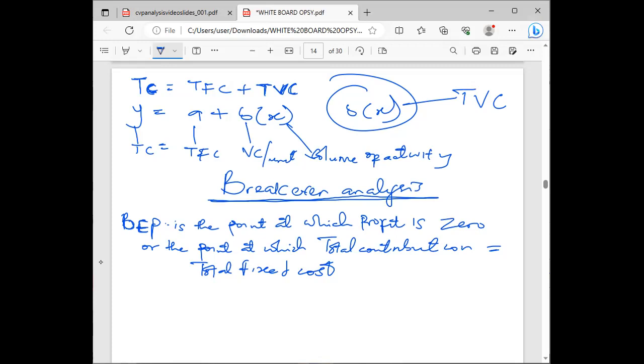That means your total fixed cost used up all the total contribution, and at that point, we call it the break-even point.